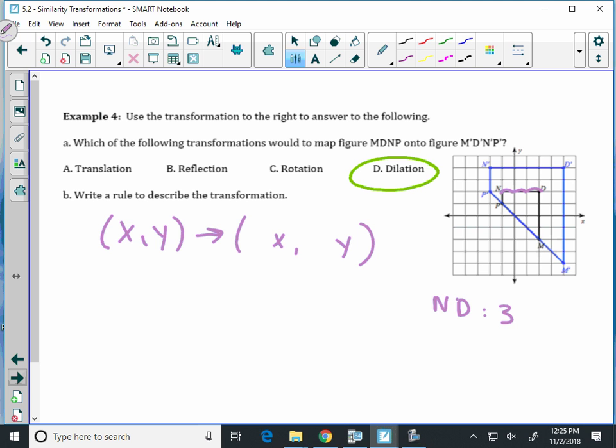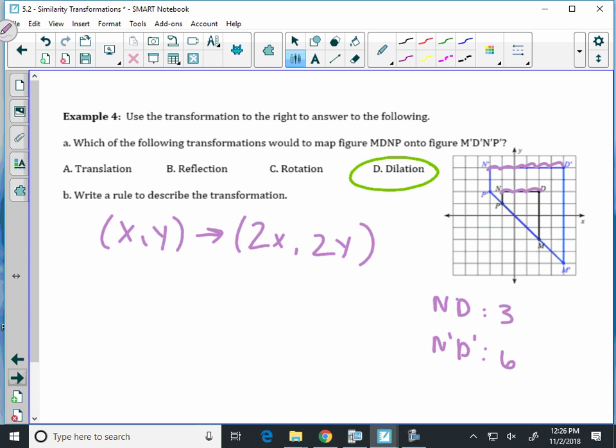Then find the corresponding side in the image. Which side corresponds to ND? N prime D prime. What's the length of N prime D prime? 6. Ask yourself, what will I multiply 3 by to get 6? 2. What's your scale factor? 2. So you just put 2 in front of the x, 2 in front of the y.